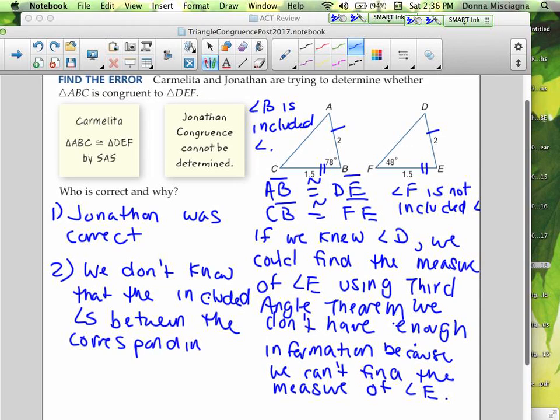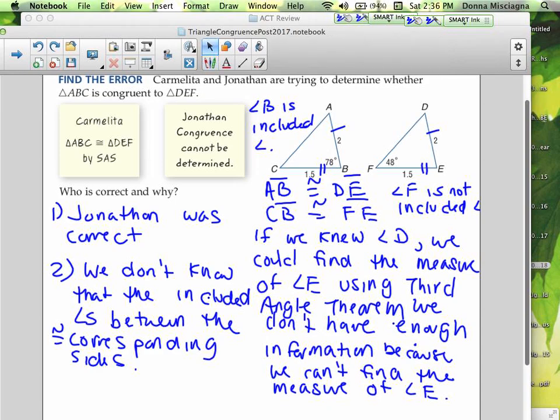I don't remember if my words were exactly that, but it was pretty similar. So the one choice was because two sides and the included angle were known congruent. That was wrong. The other one was that the included angle between the corresponding sides was not known congruent. That was the correct answer. So here, it cannot be determined, because we don't know angle B is congruent to angle E, and we have no way to find out.